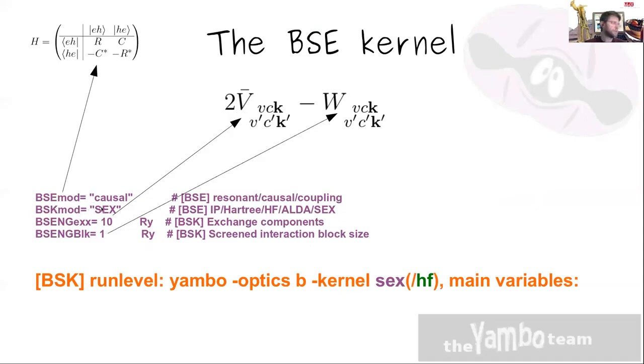Here you see the SEX mode, which you can obtain via -kernel sex in the Yambo command line, and determines that you have both the exchange and the direct interaction. For example, if you set Hartree, you will have just the exchange. If you set Hartree-Fock, you will have both the exchange and the direct, but the direct interaction will be the bare interaction. And then you have an energy cutoff for these two terms.